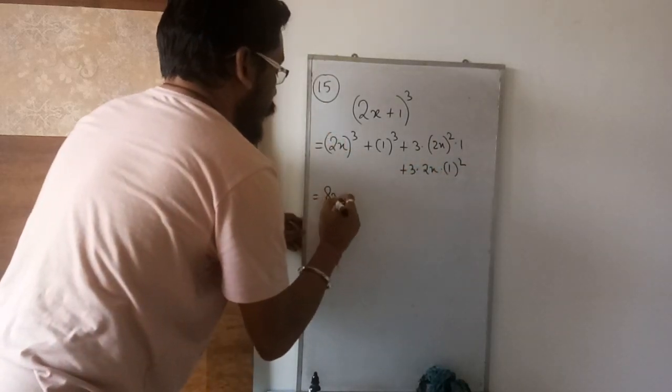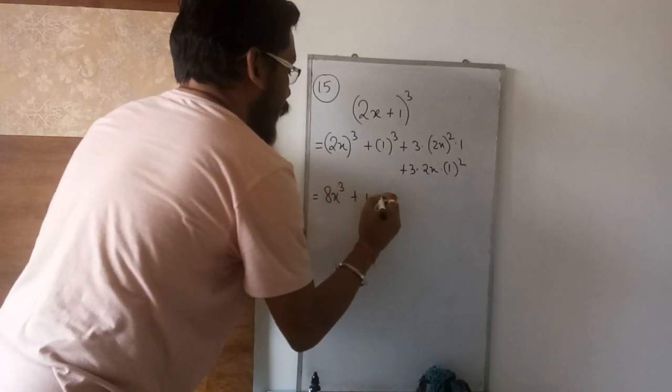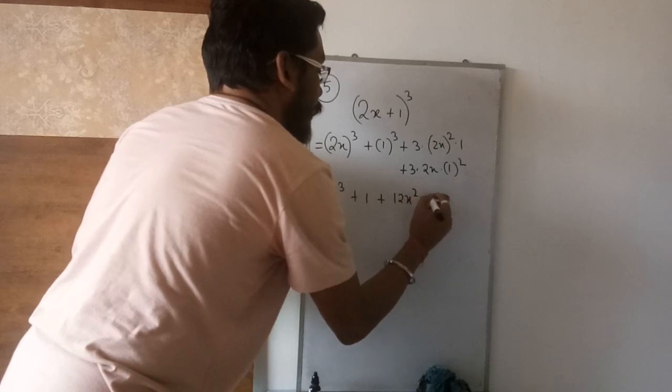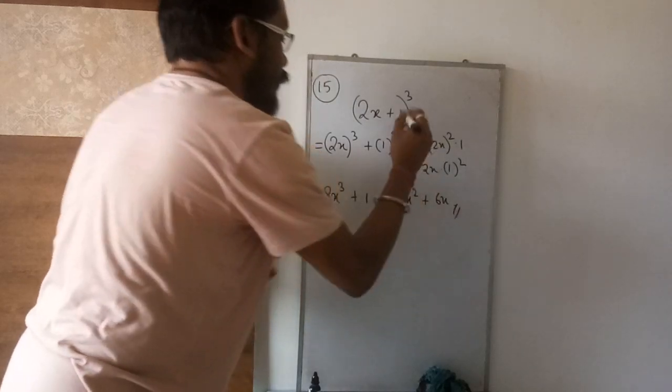So it is 8 x cube plus 1. 2 square is 4, 4 3s are 12 x square, and 3 2s just 6x. So this is the answer.